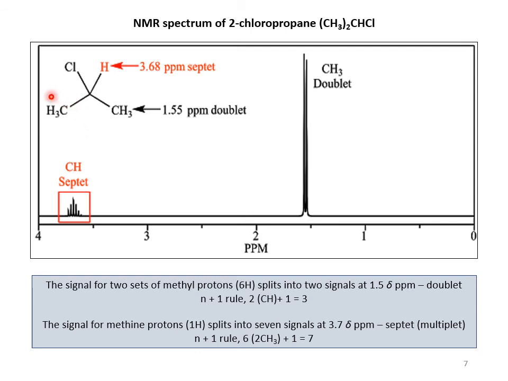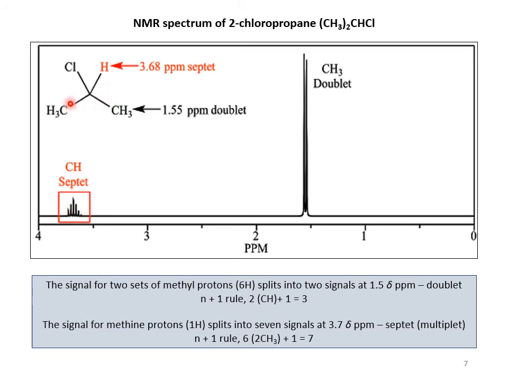One signal corresponds to the 2 methyl groups, that is totally 6 protons, and the other signal is for the methine proton. So here you can see this methine proton has split into 7 signals. Why?